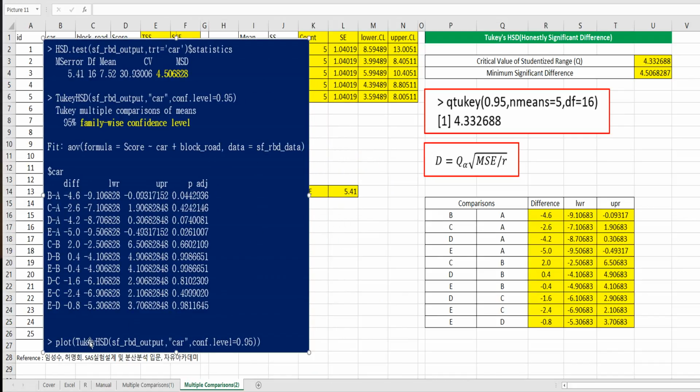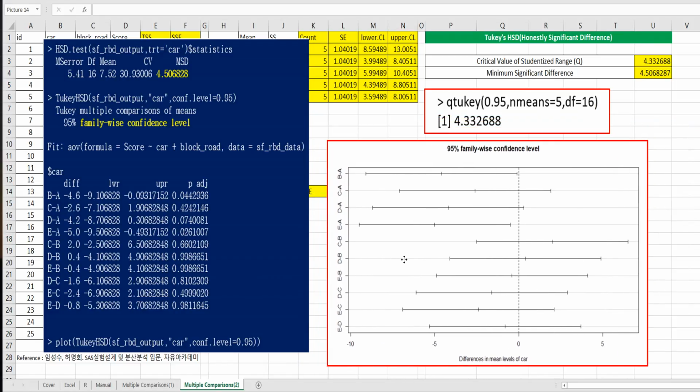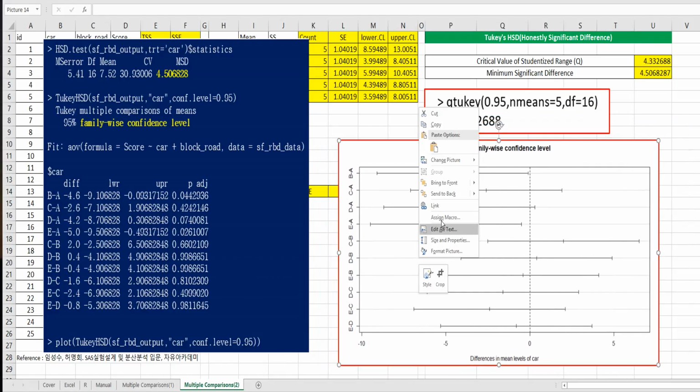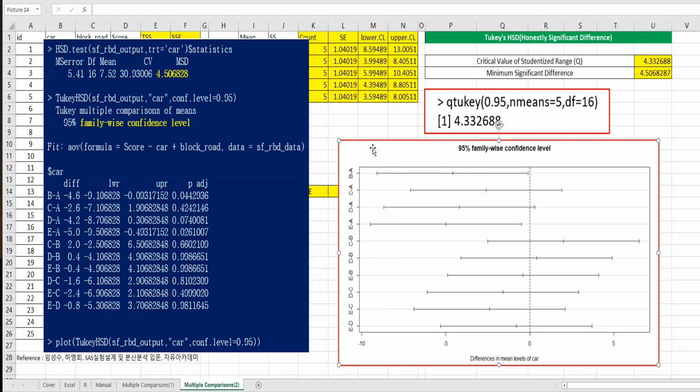Also, we can see Tukey's HSD result by graph. So if you use the plot function, we can get this output. So in the previous video, I explained how to analyze the difference between two treatments.